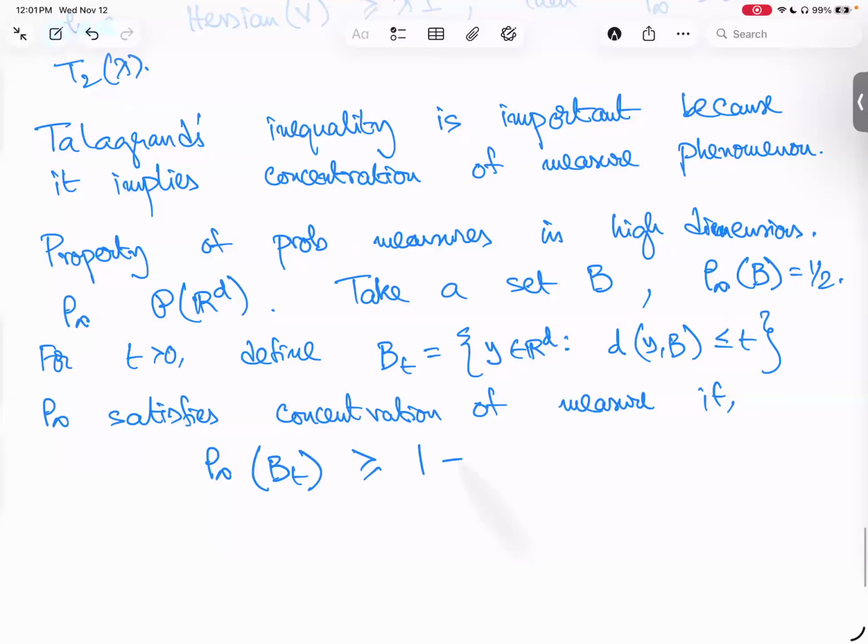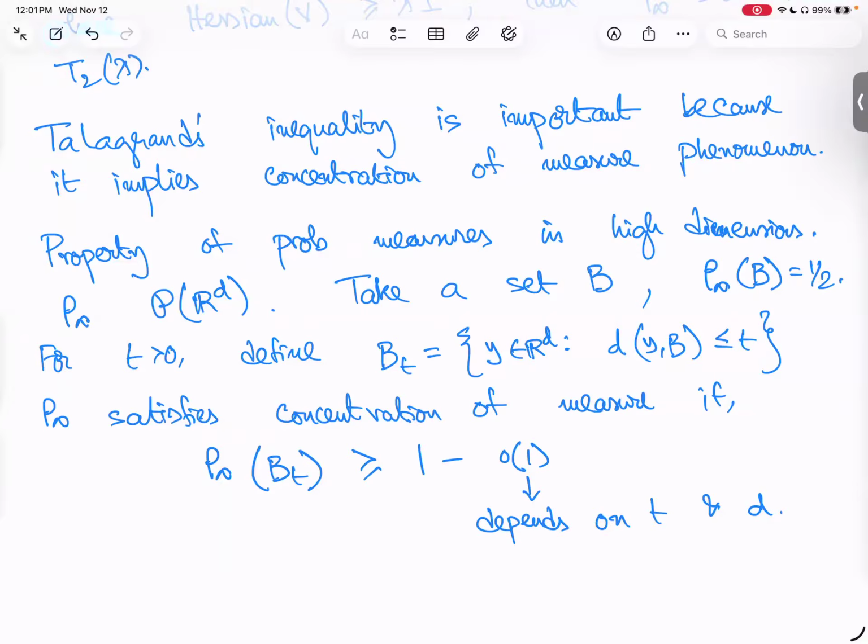So this is written equal to 1 minus some little o of 1, where this quantity depends on T and the dimension D. Yeah, I'll give an example. I'll show exactly an example.